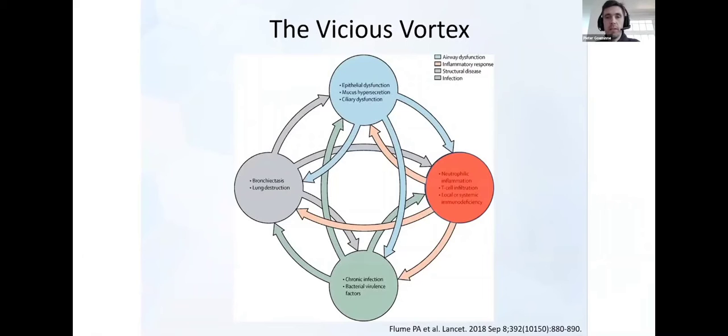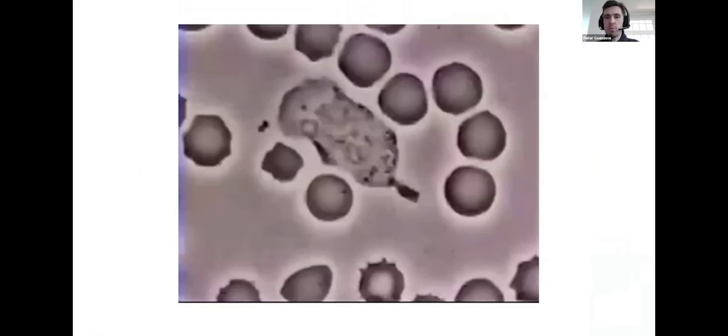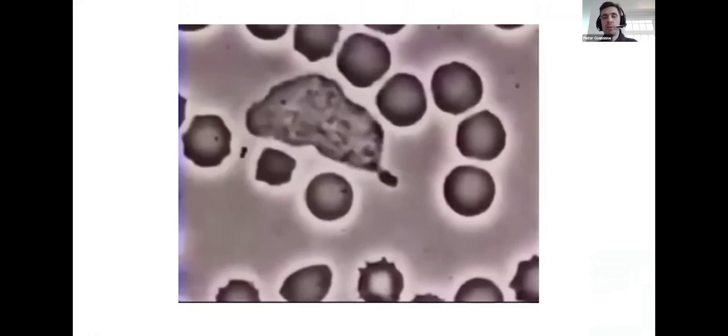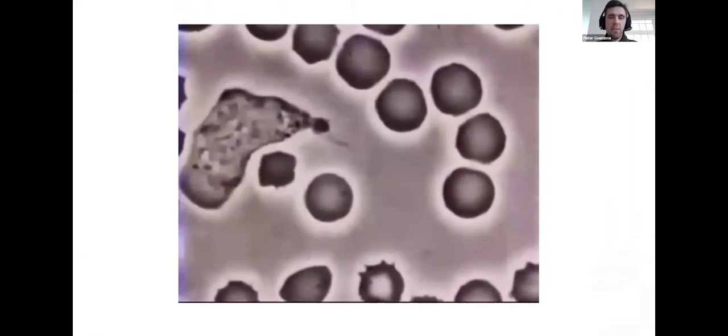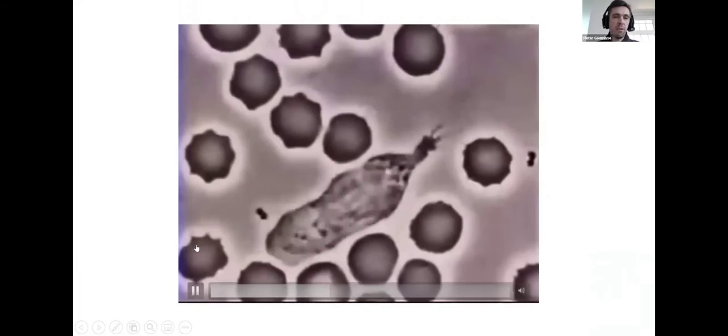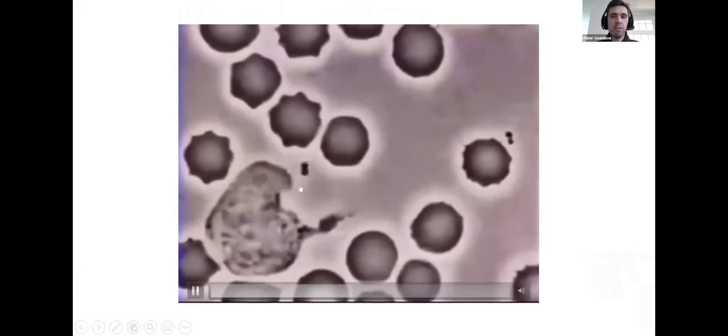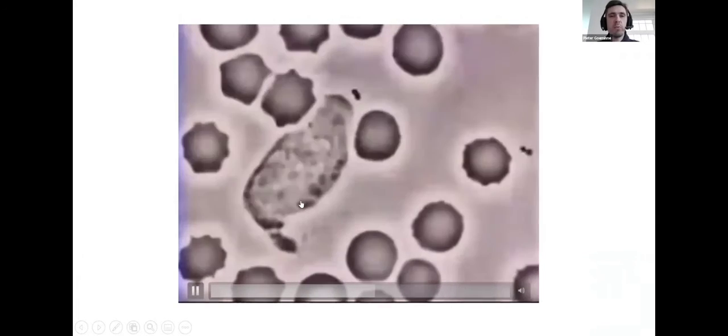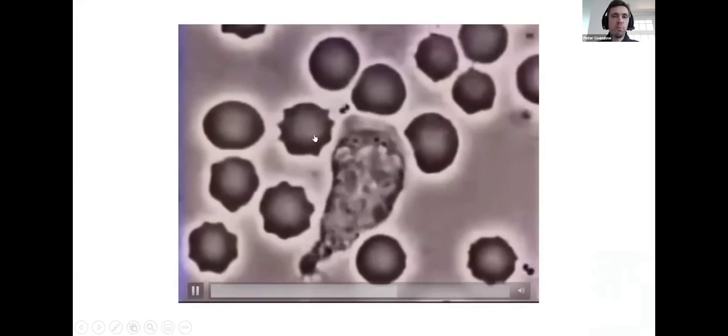There's also an important inflammatory problem in patients with bronchiectasis. As you know, inflammation is a very complicated thing, with many inflammatory cells. More specifically in bronchiectasis, white blood cells are very important as they, as you can see here, chase bacteria down and try to eat them. And in bronchiectasis, we see that this inflammatory response goes a little bit wrong.